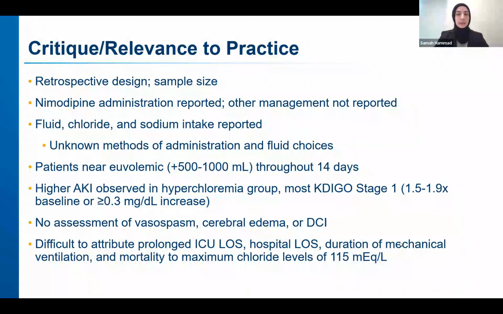Again, I didn't know how sick these patients were, and then the management and treatment of that. So for me, it was pretty difficult to attribute that prolonged ICU length of stay, hospital length of stay, duration of mechanical ventilation, and mortality to those maximum chloride levels of 115 in that hyperchloremia group. It was hard for me to associate that, or was it just that those patients were sicker?